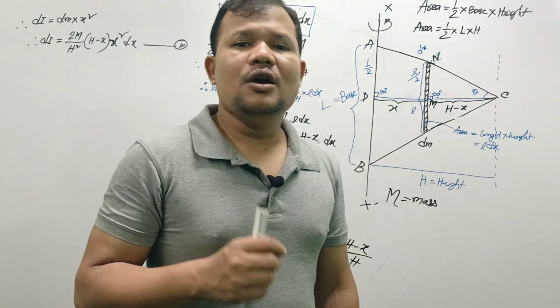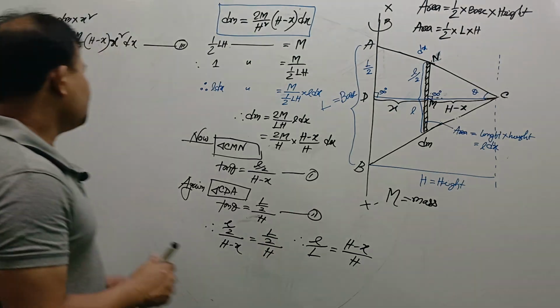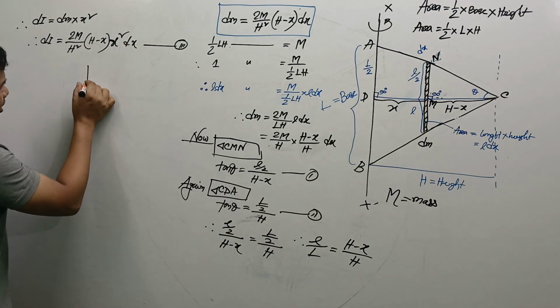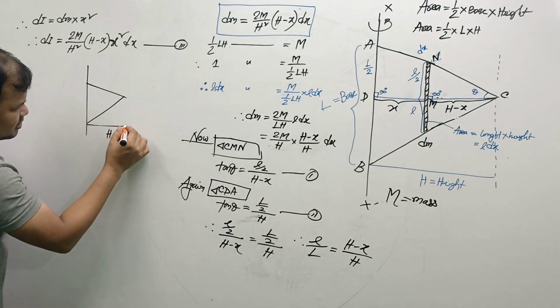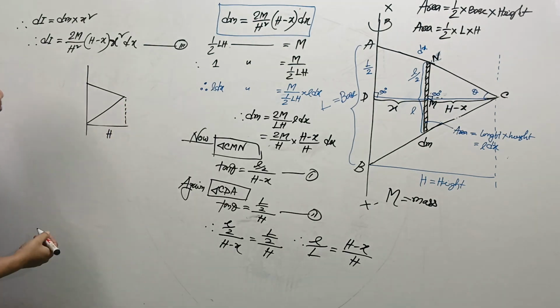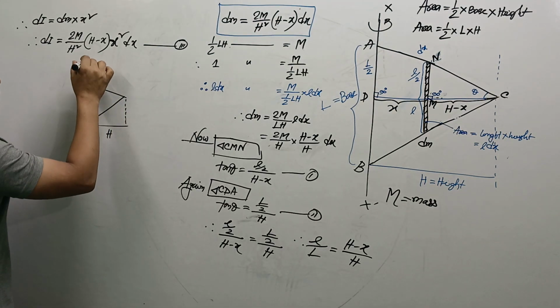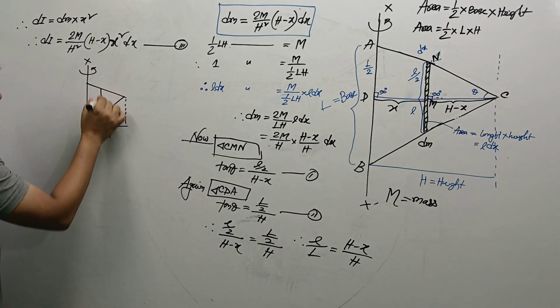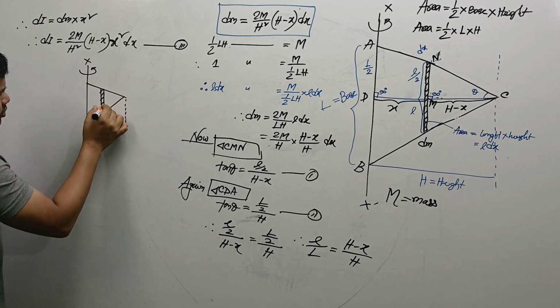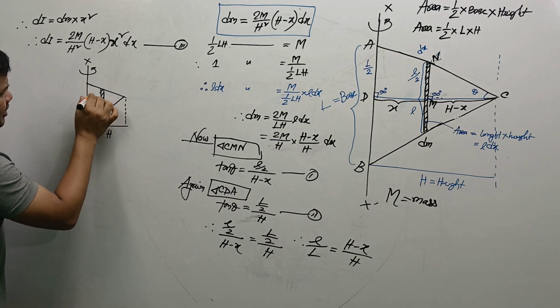Suppose this is the triangle with this height, this is the rotational axis x prime, and this is a very small cross section at x.